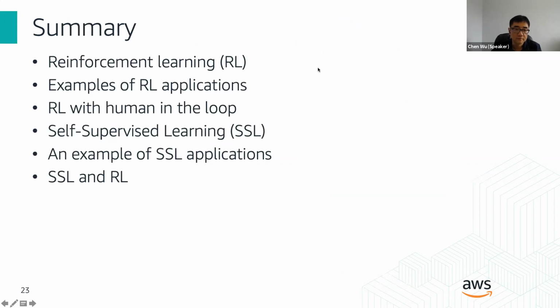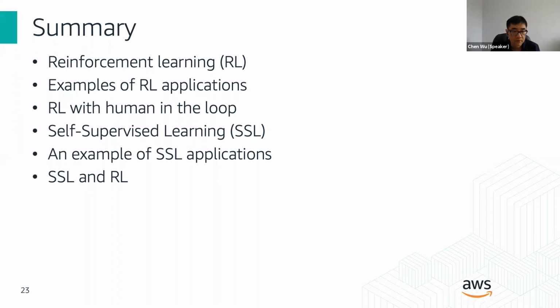So I think that summarizes the talk. We have briefly gone through reinforcement learning and Markov decision processes, and we have shown several applications of RL in industrial settings. We understand that it is important to keep the human in the loop, and that it can be quite technical to incorporate human feedback in RL training.